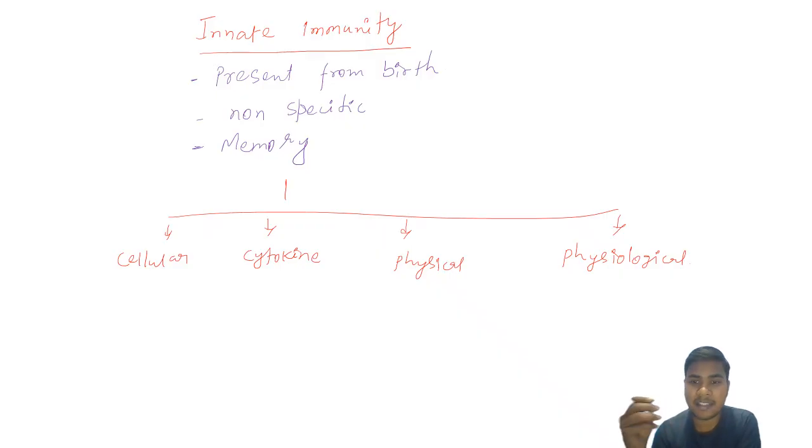There are several barriers which provide innate immunity to the body: the physical barrier, physiological barrier, cellular barrier, and cytokine barrier. Now let's go one by one.